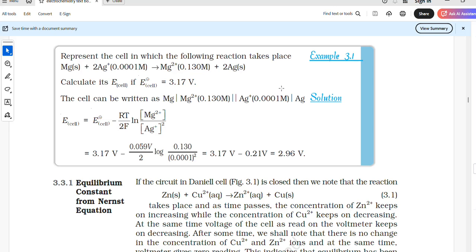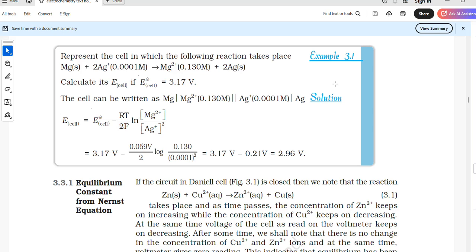Magnesium as a solid reacts with silver ion, Ag plus, whose concentration is given as a 0.0001 molar solution.